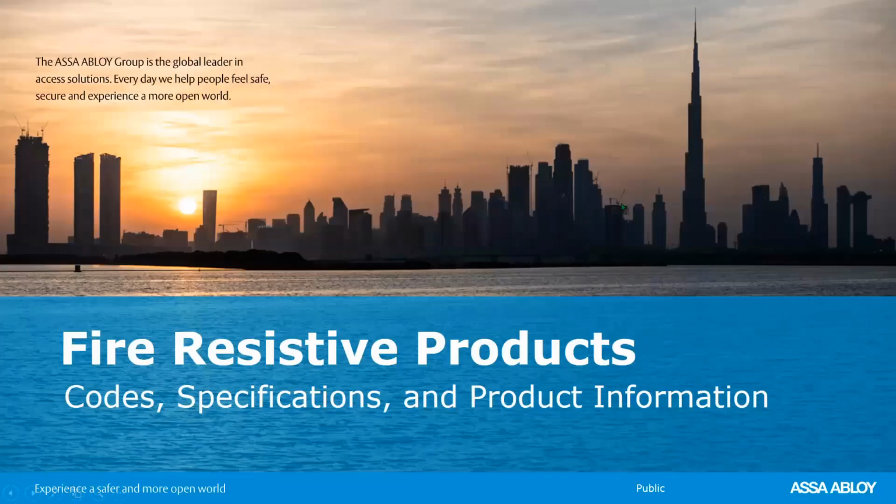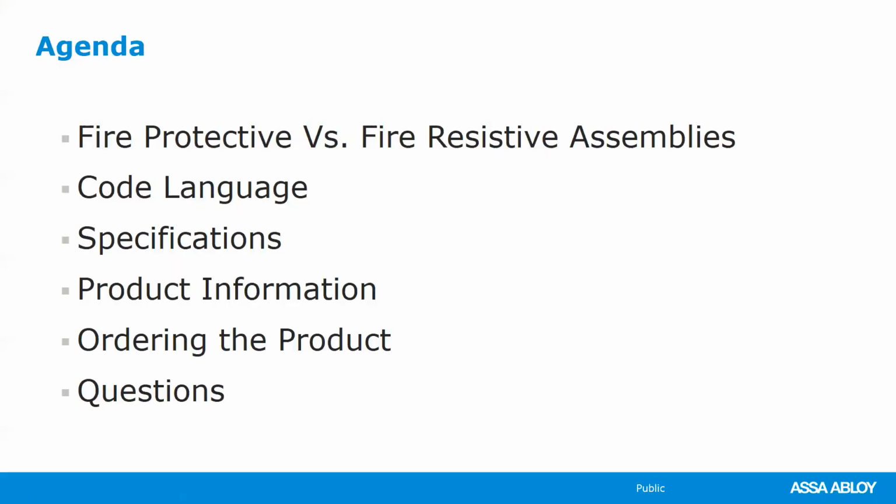As mentioned, this product presentation is about fire-resistive products. Today's agenda will be looking at the differences between fire protective and fire-resistive assemblies. We will get into a little bit of the code language, which is the driving force behind the requirement for fire-resistive assemblies.